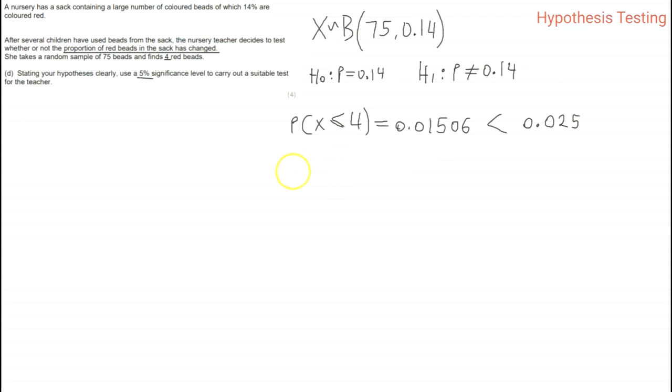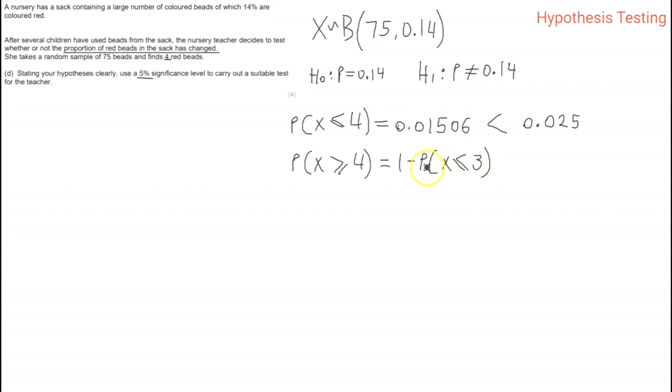Now we've got the other, upper tail. You can already tell that the upper tail won't be of use, but I'll do it anyway. So this would be greater than or equal to 4, and since less than or equal to 4 is this tiny number, this would be 1 minus the probability of x being less than or equal to 3.